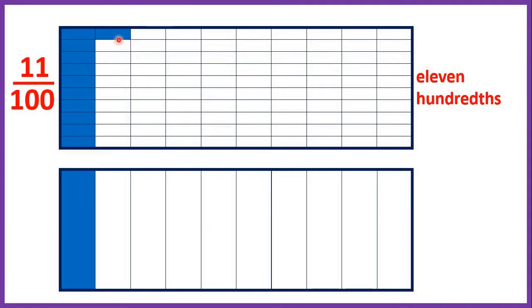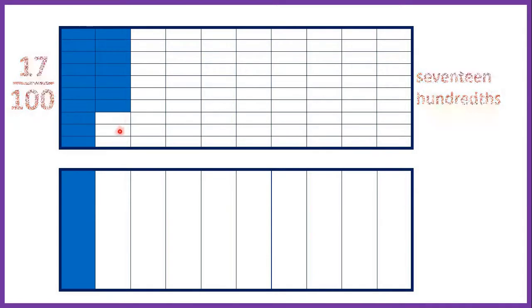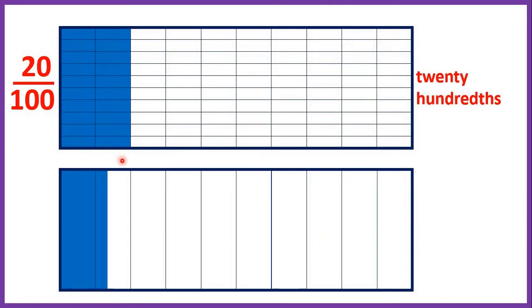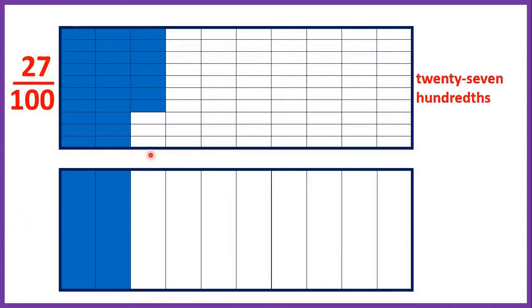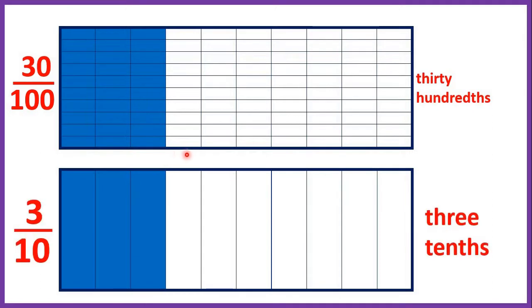Now if we count on, you can see that 11 hundredths is just a little bit more than 1/10. And we can keep on counting, but you'll notice that when we get to 20 hundredths, that's the same as having 2/10. And when we get to 30 hundredths, that's 3/10.